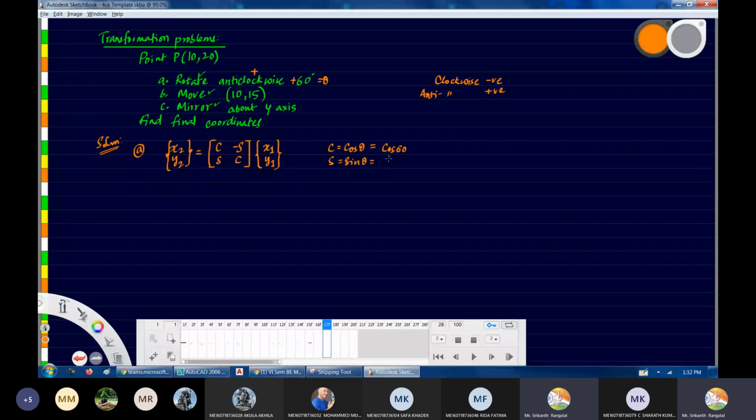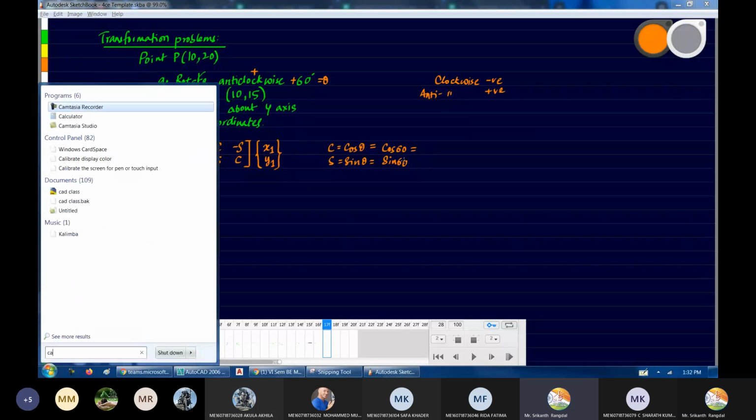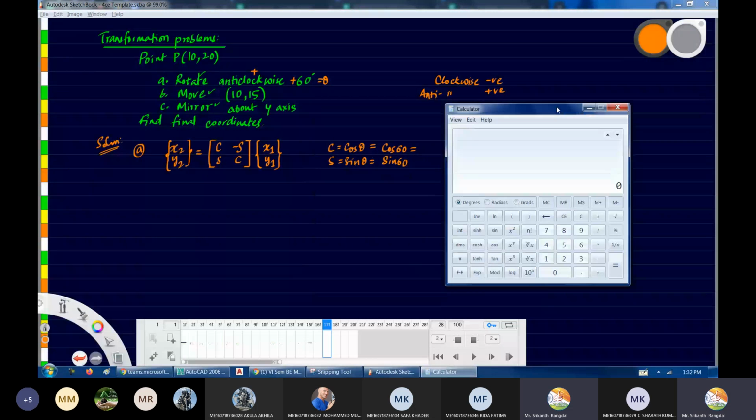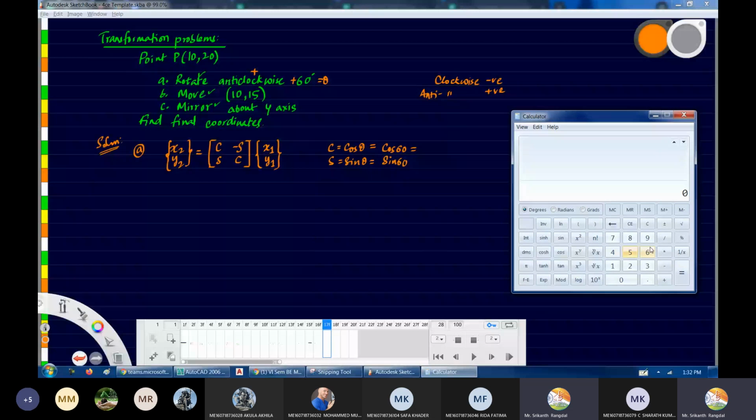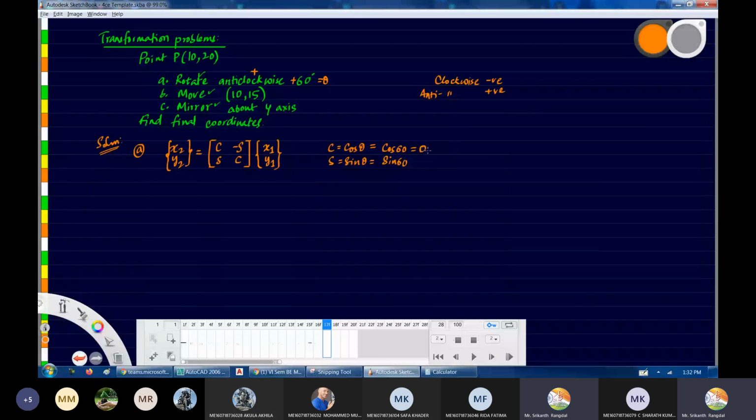Cos of 60, sine of 60. What is cos of 60? Find out. Here I have this calculator. 60 cos, what do we get? 0.5. Correct.